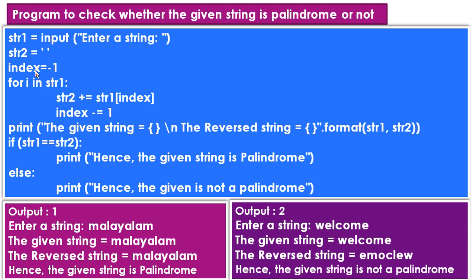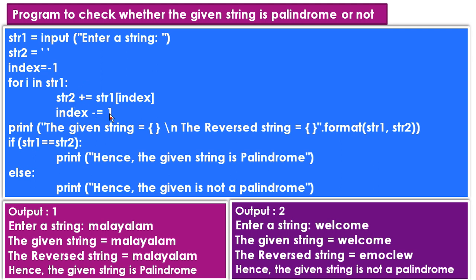At the start, the index value is -1 and str2 is empty. So str2 equals str2 plus str1 of the index, that is empty plus the last character, E. So str2 contains E now.